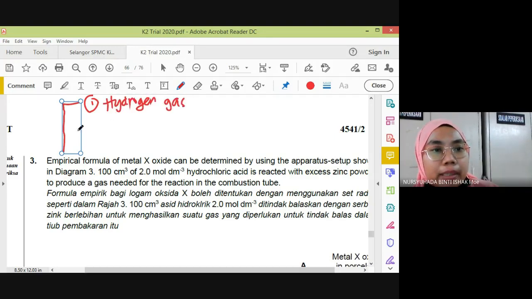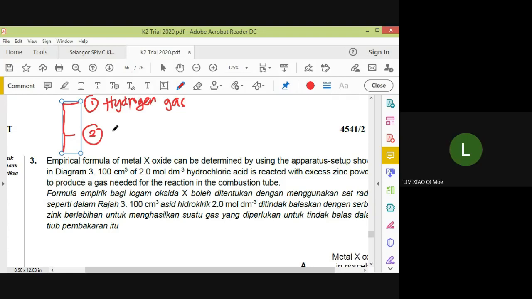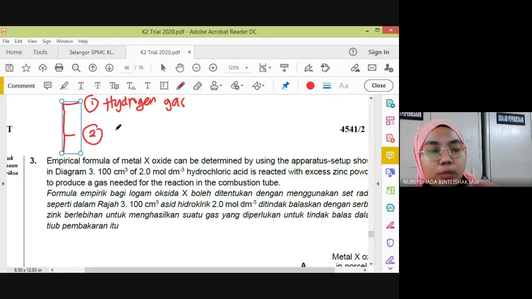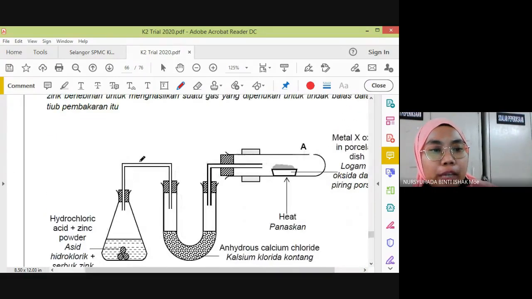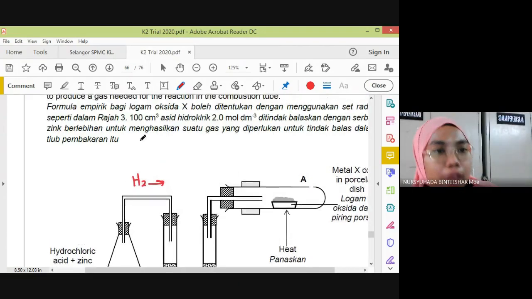Okay, the second method guna method apa guys? No, macam mana eksperimen yang kita nak buat selain daripada kita buat gambar kat bawah ni, we flow the hydrogen gas. Use the crucible to burn. Very good.